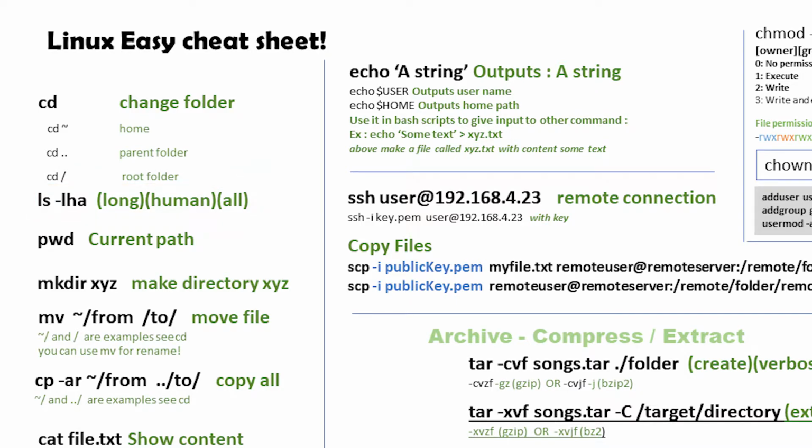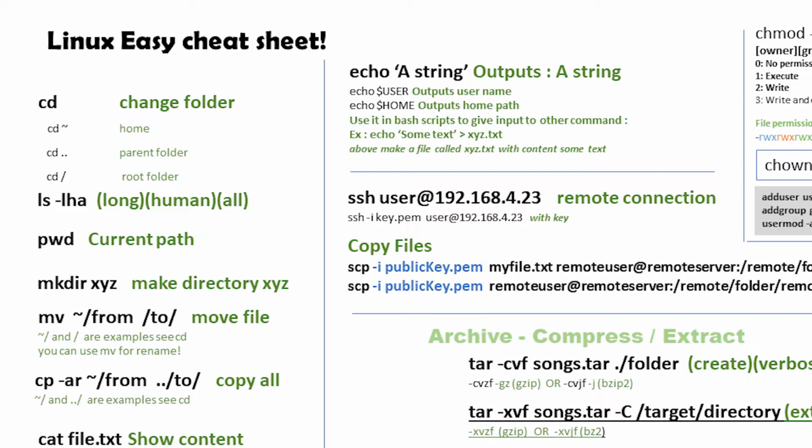So it shows all the files, including the hidden ones. And human means human readable. It lists the size of the files and directories in a human readable manner, for example, 1K for 1 kilobyte and 1M for 1 megabyte, and so on.